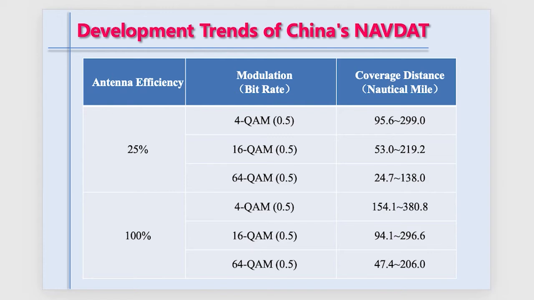This is the communication coverage of the NAVDAT system under the condition of a 1 kilowatt MF transmitter and 10 kilohertz bandwidth in Shanghai.